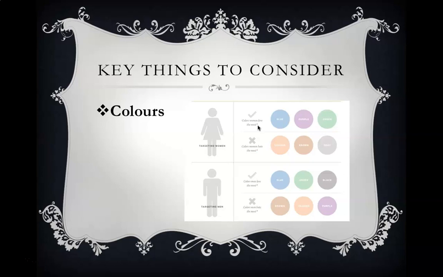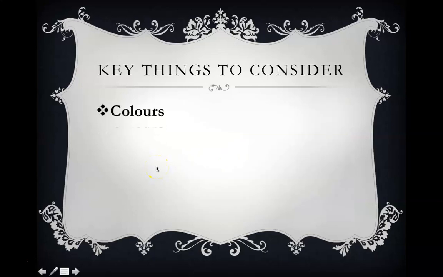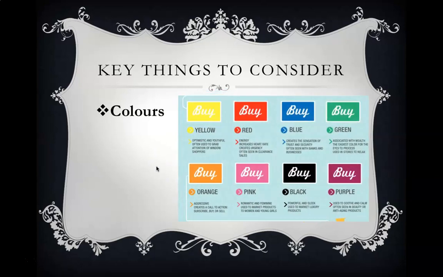So again, just to consider, colors do play an important role in website design, button design, and this again is actually just another example, and I would be surprised if you didn't come across this. Yellow, optimistic and youthful, often used to grab attention of window shoppers. Red is energy. Blue creates a sensation of trust and security, often seen with banks and businesses. Purple, used to soothe and calm. You can have a look at them on the slides yourself and agree or disagree.